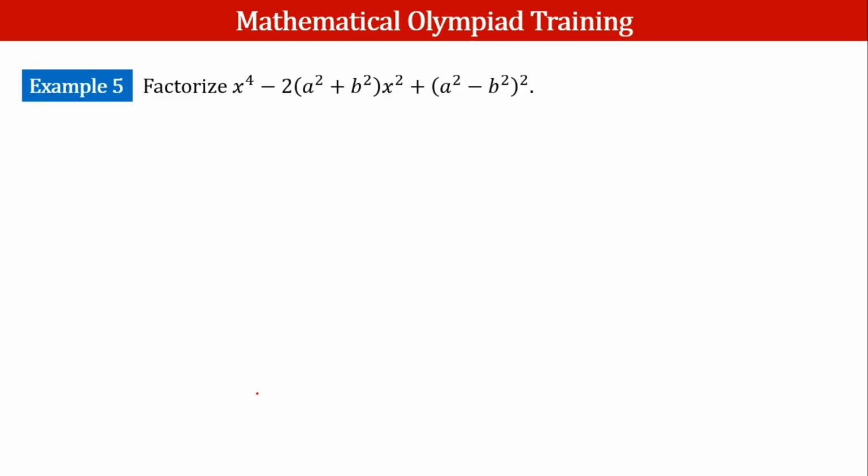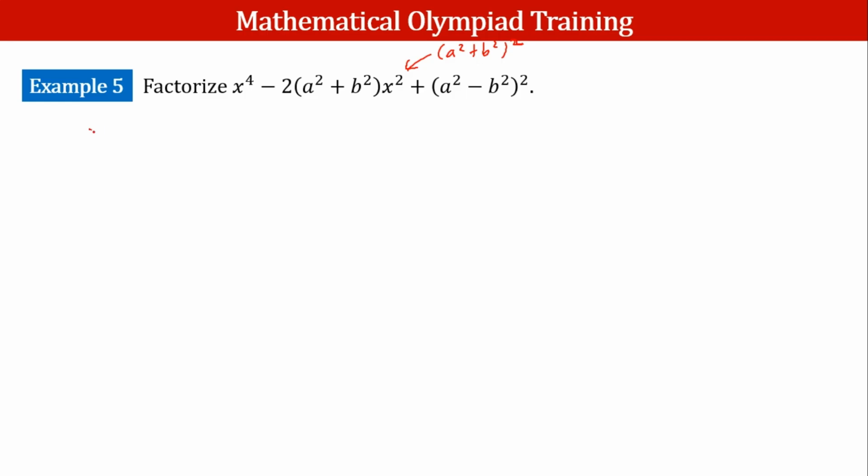Example number 5. Factorize x raised to 4 minus 2 times a squared plus b squared times x squared plus the square of a squared minus b squared. Notice that if only we have the term here a squared plus b squared squared, then we have a perfect square trinomial. However, we can introduce that term, but we have to subtract the same term.